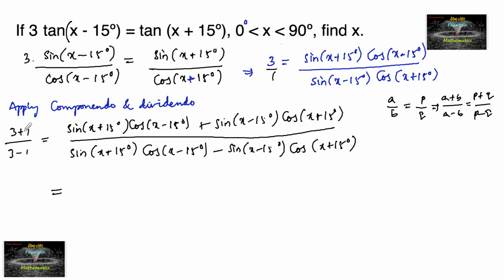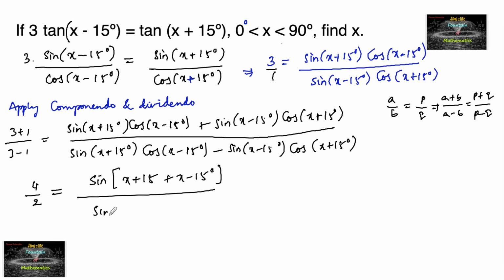So we have 3 plus 1, 4 upon 2, which equals, it is in the form of sin a cos b plus cos a sin b. Sin a cos b plus cos a sin b is sin of a plus b. So we can write sin of a plus b, that is x plus 15 plus x minus 15 degrees, upon the denominator sin a cos b minus cos a sin b, that is sin of a minus b, so sin of x plus 15 degrees minus x minus 15 degrees.